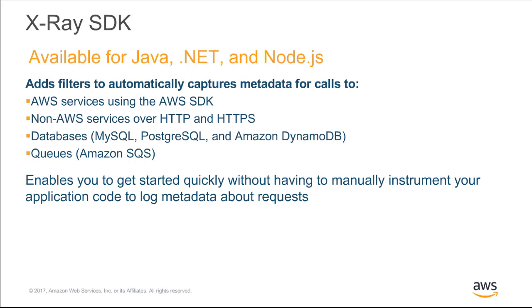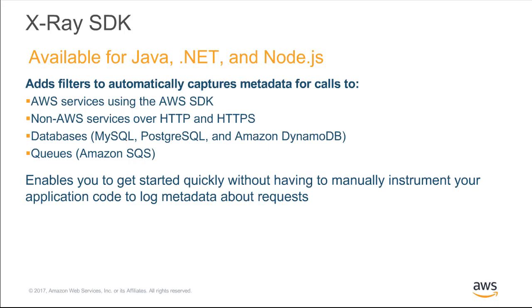We also have SDKs for Python and Go available in beta. And we're working on SDKs for other languages that we hope to release over time. But what the SDKs essentially do is add filters to automatically capture metadata for calls that your application is making to AWS services that use the AWS SDK.